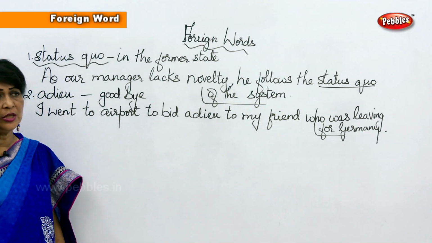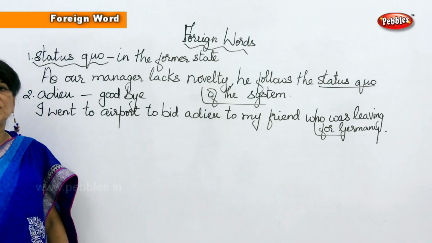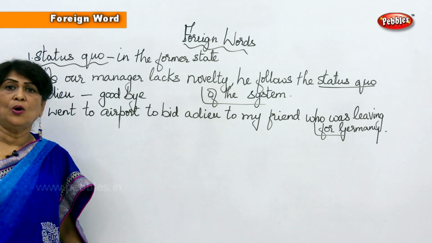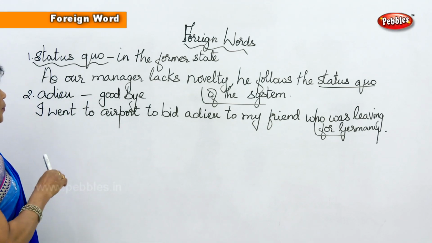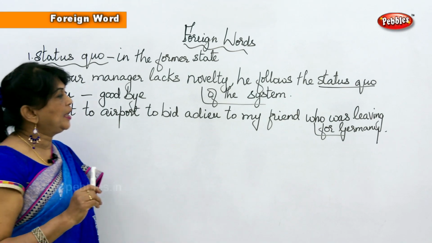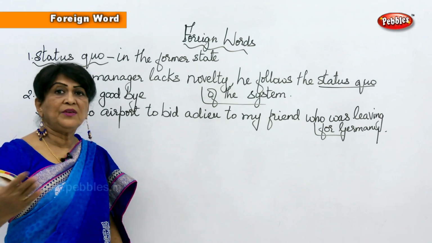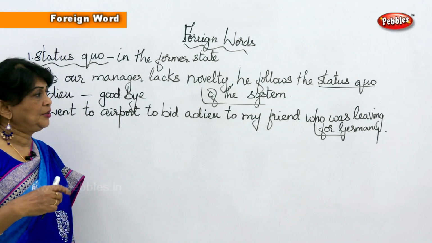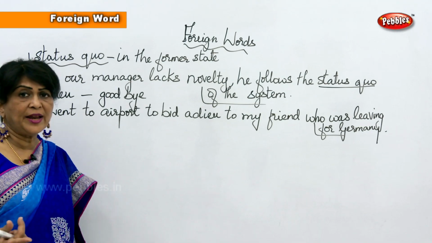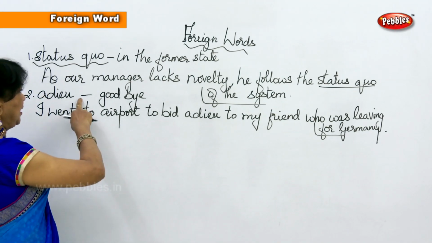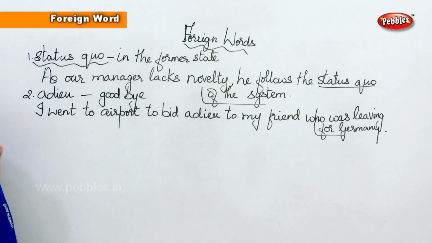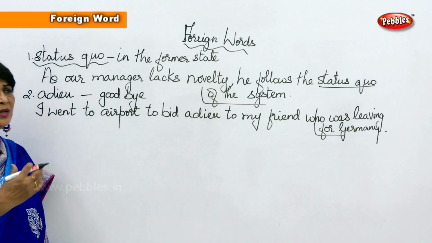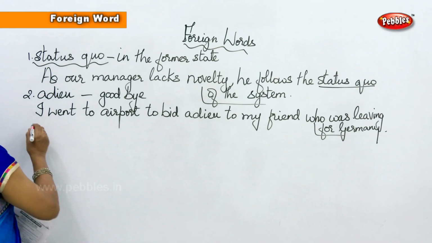This is a French term, and adieu is also a French term, but you say this when you are going to be separated for a long time. So I went to the airport to bid adieu to my friend who was leaving for Germany. It may be a long time since you are going to see your friend. So you are bidding adieu. You also use au revoir, but not for a long separation, just for a short separation.